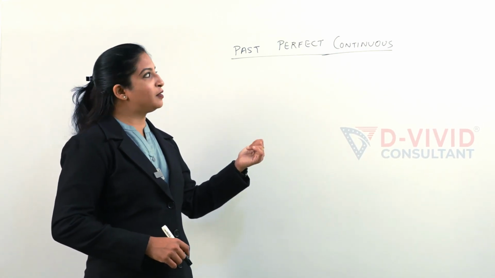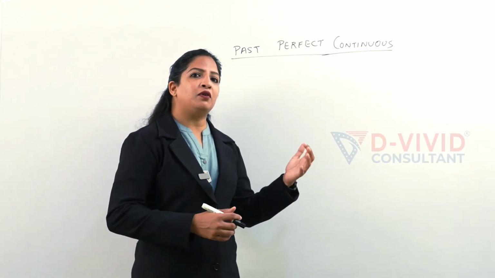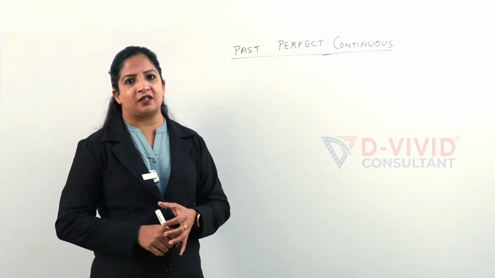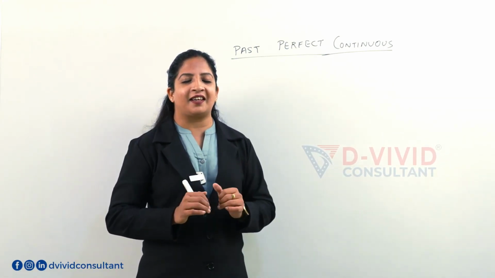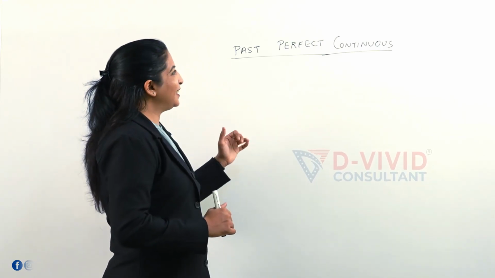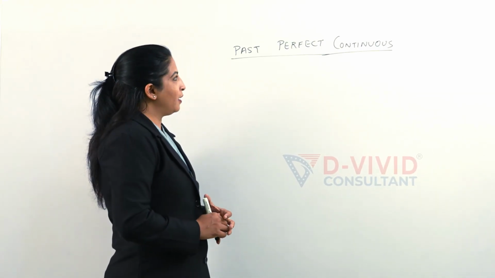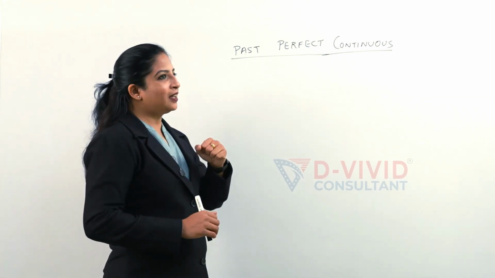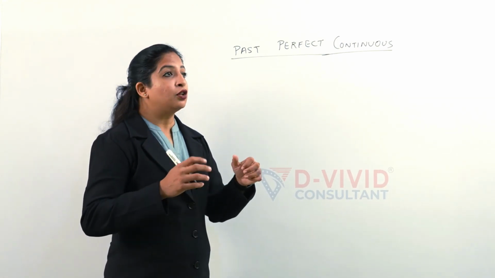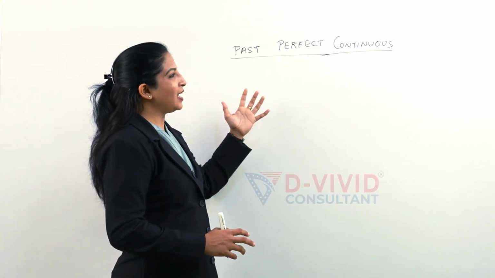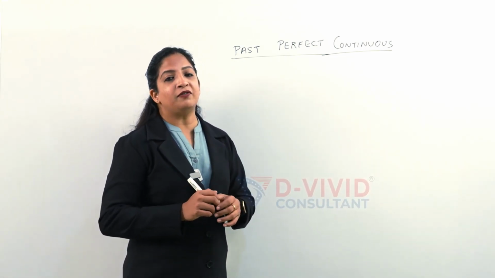So, past perfect continuous tense. We have done past perfect and we have also done past continuous tense. So what is so special about this tense? Nothing as such. Let's get it cleared. Let's take an example from past continuous to understand the exact situation of past perfect continuous.